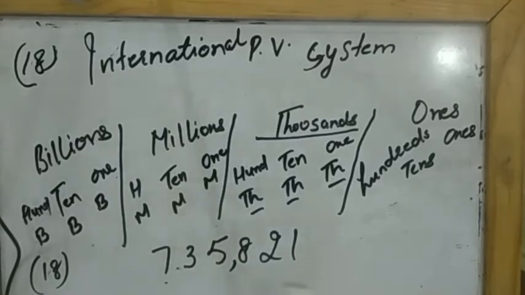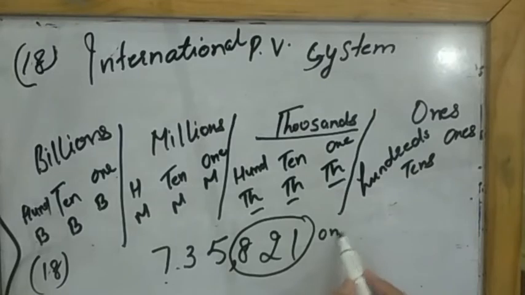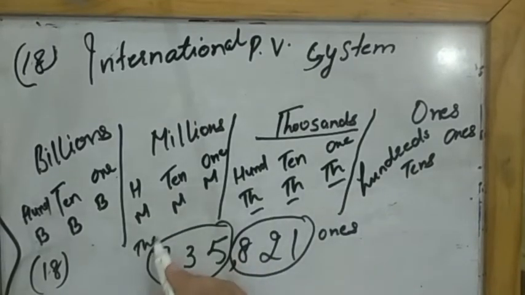And we read this according to the periods only. These 3 belong to the ones period, and these 3 belong to the next period, that is thousands. So when I read this number, I will say 735, reading 3 digits together, and the period is thousands. So this becomes 735,821.